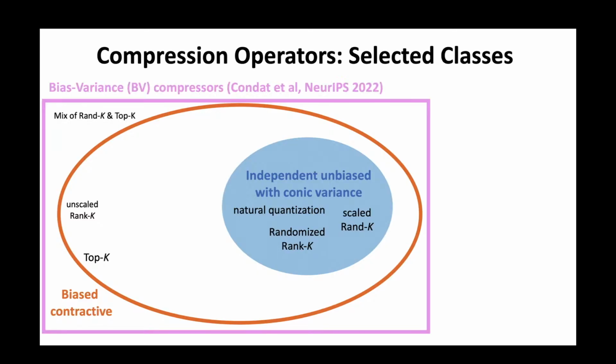Now here's an even larger class which generalizes these two, the B3 class, which we came up with several years ago. The idea was to get a deeper understanding of what's really going on. Why do we need a deeper understanding? Because the algorithms that deal with these compressors have very different theory from the algorithms that deal with these compressors. Once you work with these biased contractive compressors, DCGD diverges.